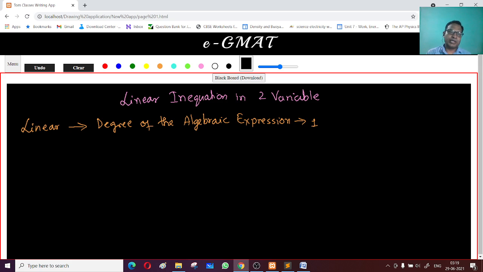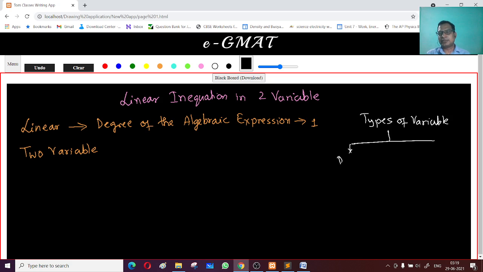And there are two variables, right? That is the second important thing which you have to note over here. We know that the types of variables we have: one is dependent and the other one is independent, right?